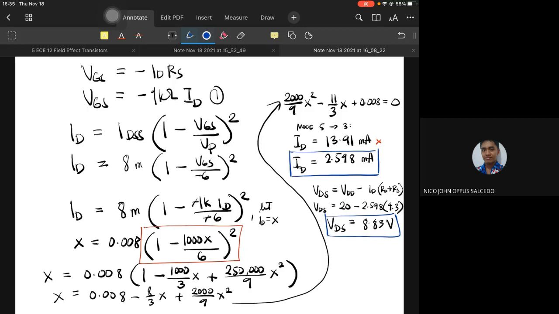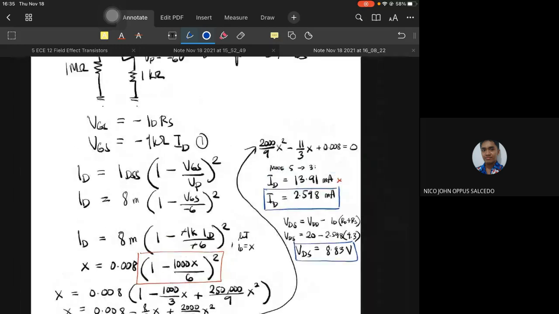Kaya kung masayip tagamay dire, kailangan nyo mag-algebra. Sayip lang tagamay, basig mapiktuhan ang atong answer. But other than that, pretty straightforward lang po ang flow or process sa pag-obtain sa currents o voltages sa Jfet. Okay?